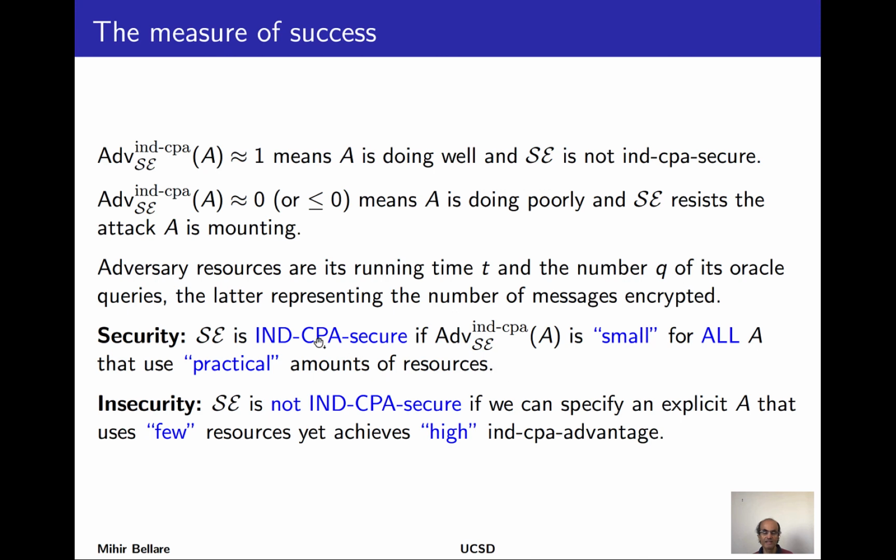So security in the sense of IND-CPA for our scheme would mean that this advantage is small for all adversaries as long as their resource usage is practical. Conversely, insecurity would mean that the scheme fails to be IND-CPA if we can demonstrate an explicit attack or adversary which is practical. It doesn't use much in the way of resources, yet achieves a CPA advantage that's quite high, close to 1, but even 25% is considered high.